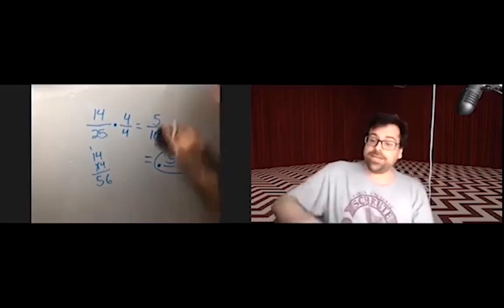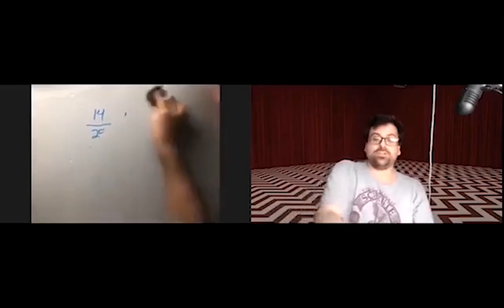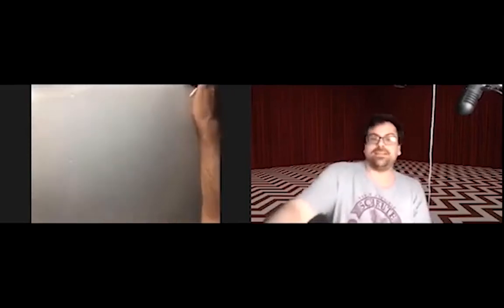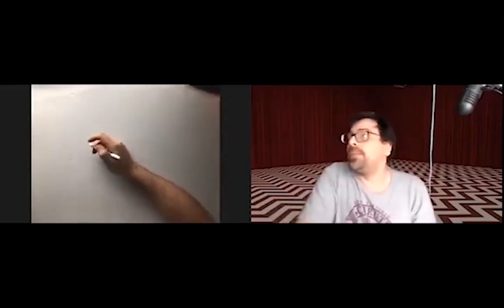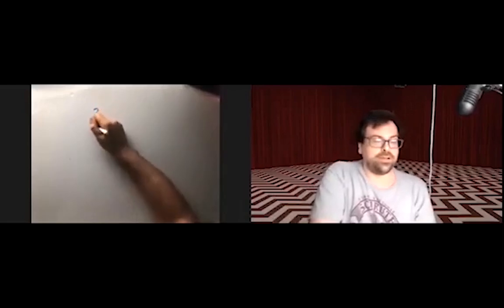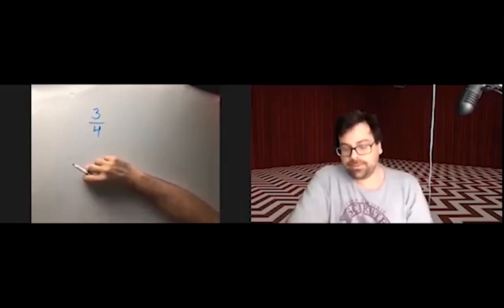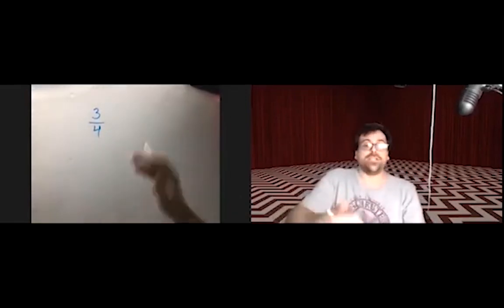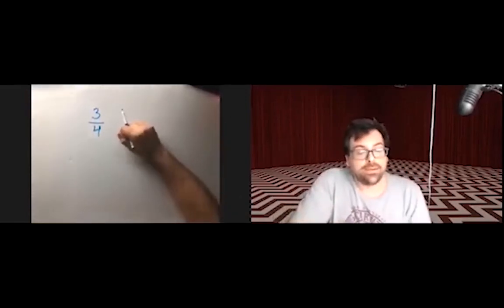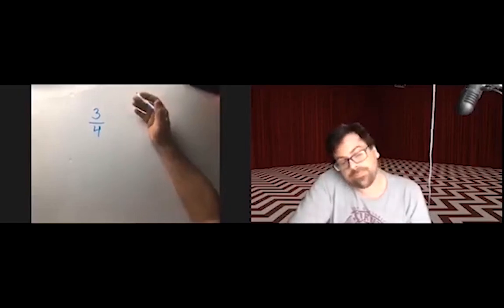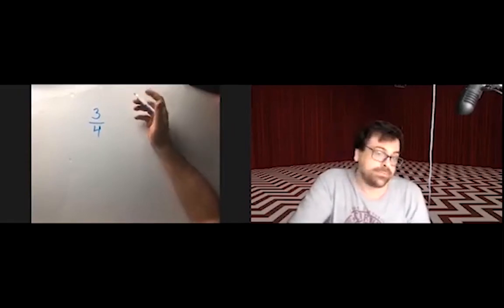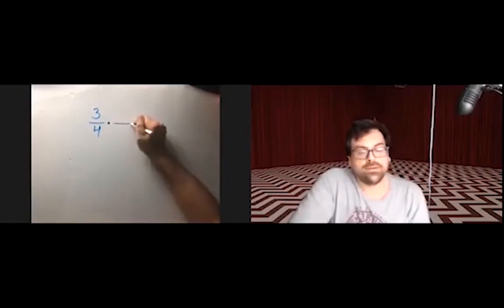Let's see how long we can use this workaround to turn it into the nice power of 10 trick before we have to learn the long way. 3/4. Do we have to learn the long way? Well, the question is going to be, can we multiply 4 by something and get one of our nice numbers? We sure can.